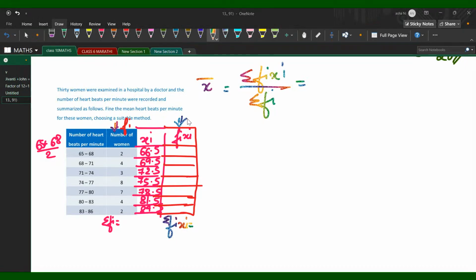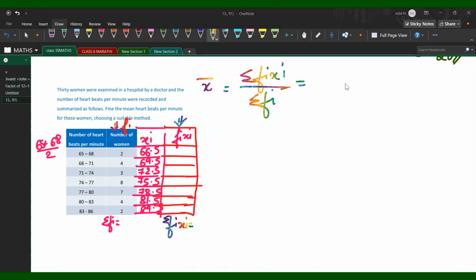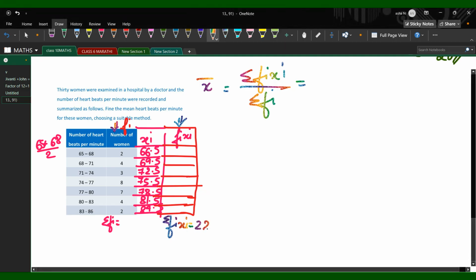Correct. That is correct. What is the sum of fi?